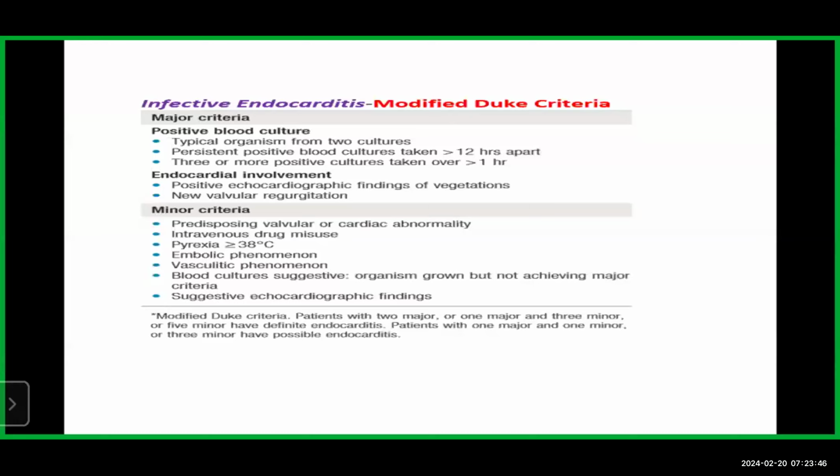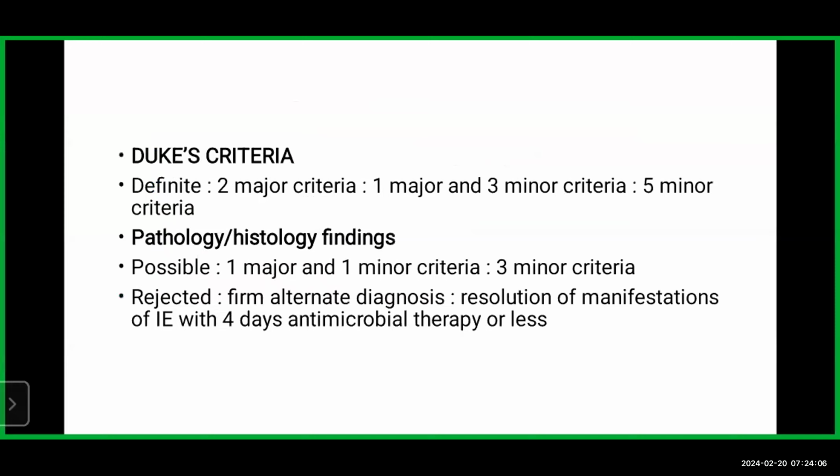Does the patient have any vasculitic or immunologic phenomenon, like Roth spots, Janeway lesions, and so on? Then blood cultures that are suggestive of infective endocarditis but do not achieve the major criteria are also minor criteria. Suggestive echo findings that don't meet the major criteria are also minor criteria.